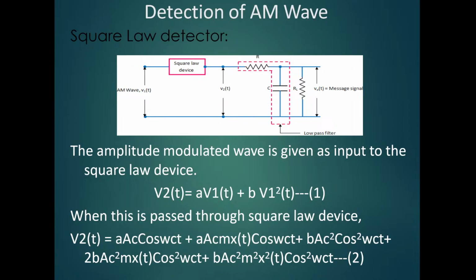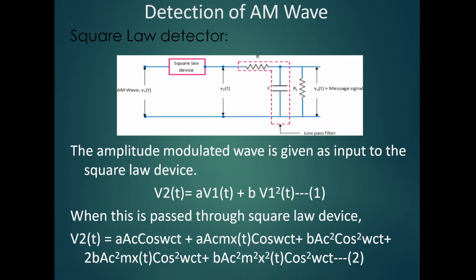So this is the block diagram of a square law detector. It is also very similar. The AM that is generated is given to a non-linear device, and this non-linear device is used to detect the modulating signal.